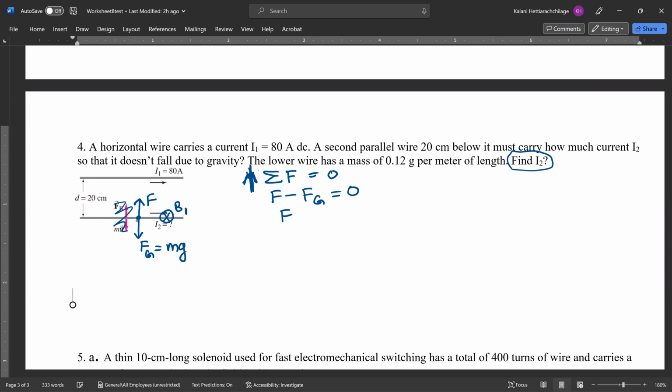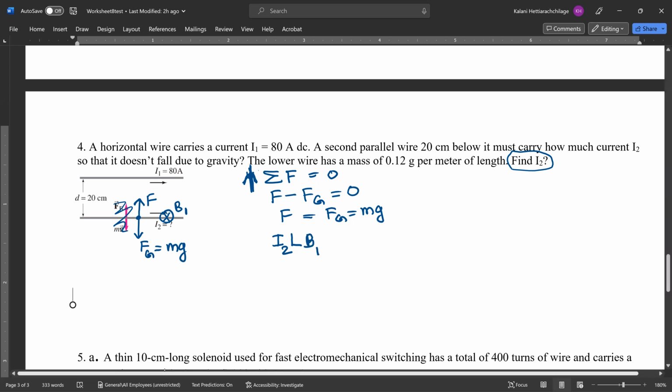What that means is the magnetic force should be equal to the force of gravity, that will be equal to mg, and the magnetic force we can write by using the current of that wire and the length of that wire. Length is given, right? The length of that wire, and then the magnetic field on that wire due to wire number 1, and sine of 90 is just 1. I'm going to use that.